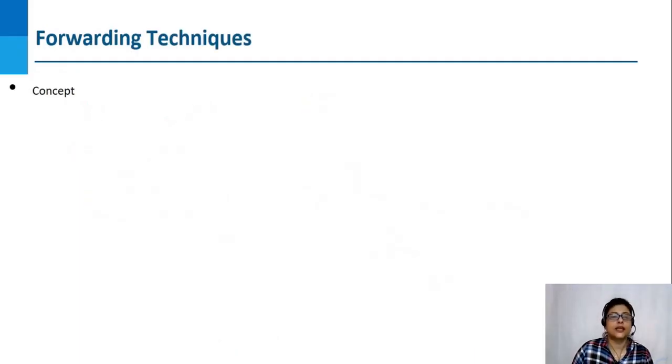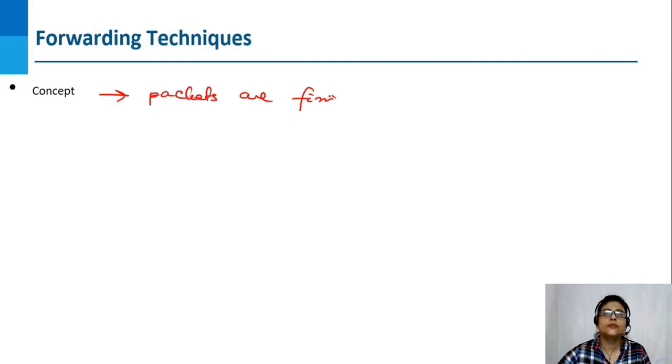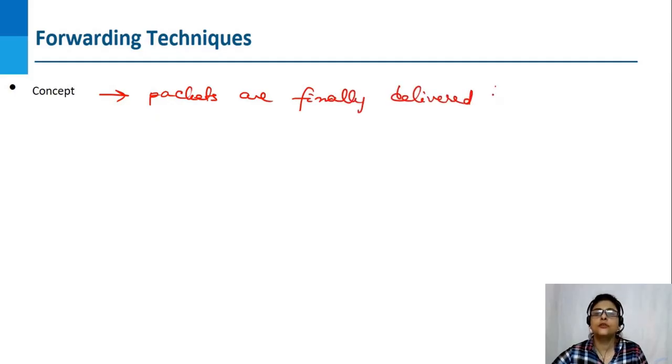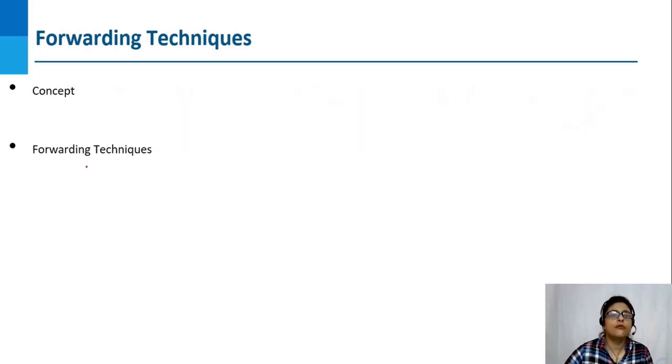So this is an example of indirect delivery. Now forwarding techniques. As we know, forwarding means how the packets are finally delivered to the destination host. There are several forwarding techniques which we are going to learn here. Among the forwarding techniques, we have the next hop method and the route method.